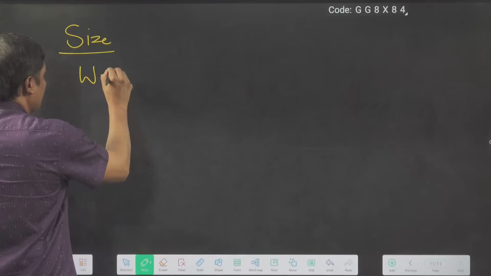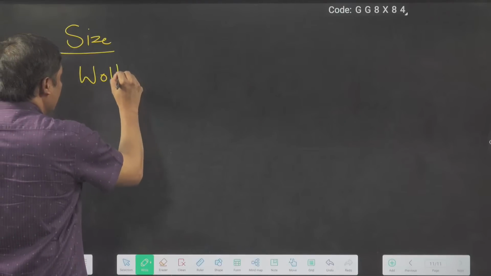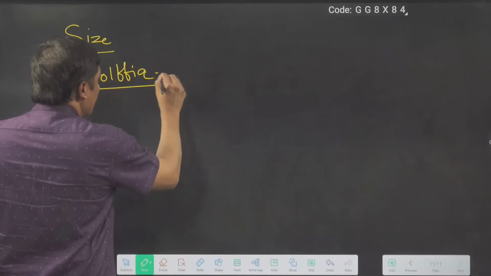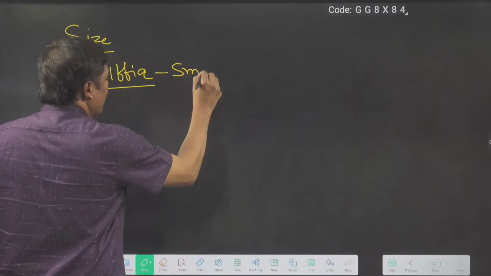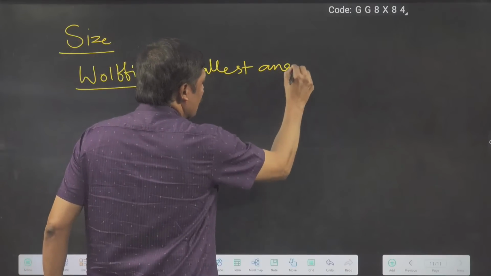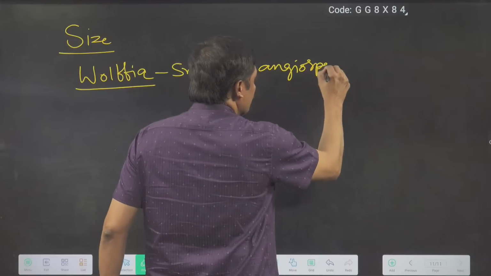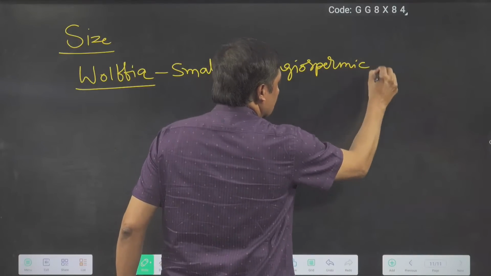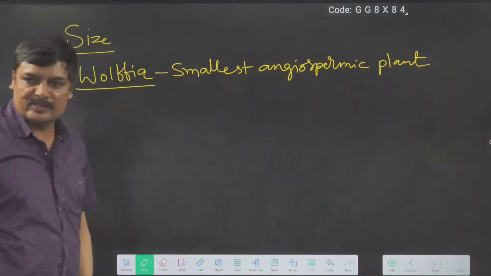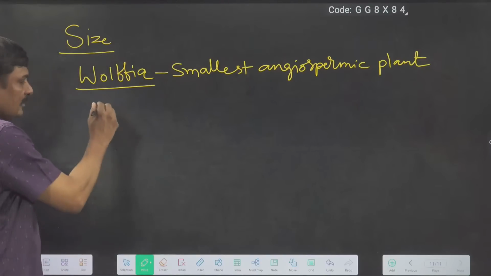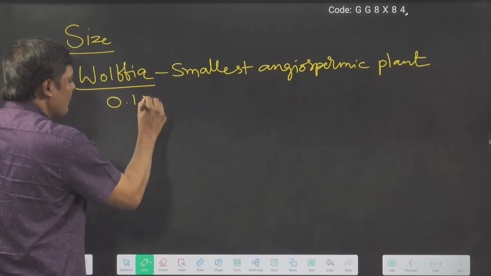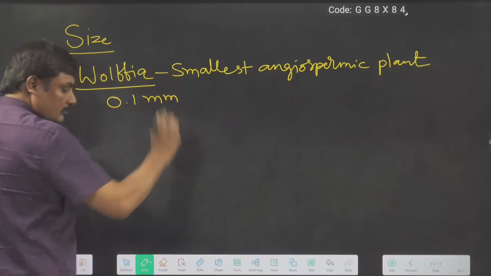Wolffia, the smallest angiospermic plant. You know the size of this plant? The diameter of this plant is 0.1 millimeters.